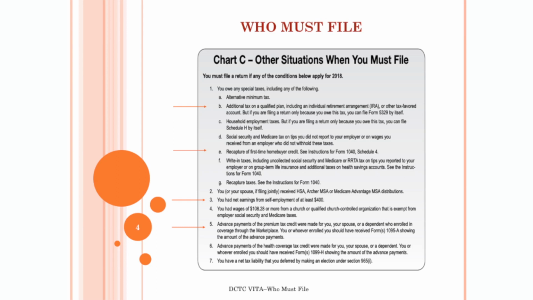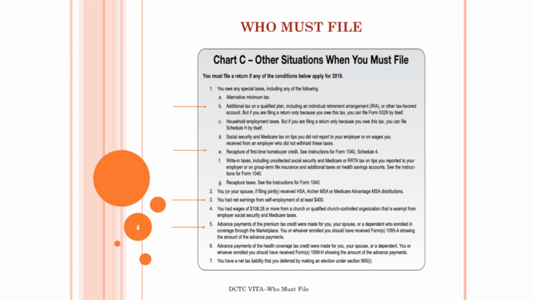Look at arrow number 1B, additional tax on qualified plans, including individual retirement plans or other tax-favored accounts. We haven't talked about that yet, but we will in the retirement lesson. Look at 1E, the recapture of the first-time homebuyer credit. We'll talk about that here shortly as well.